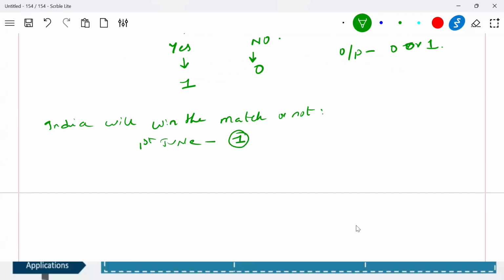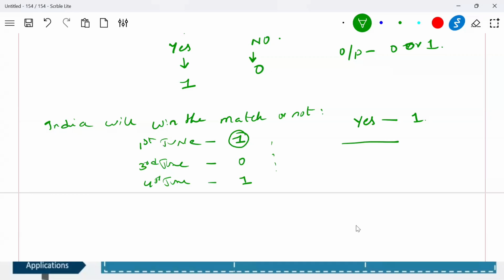Won the match means one. Consider 3rd June, India lost the match, zero. 4th June, India won the match. Like that, we have taken the past 10 matches data and we have predicted India will win the match. Yes, India will win the match. That means one.